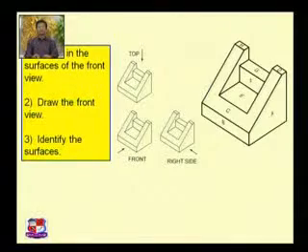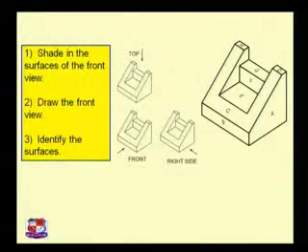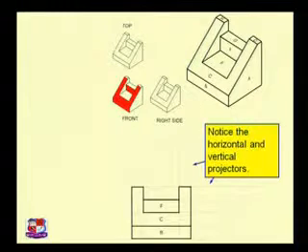Now to draw its front view, shade in the surfaces in the front view like this. In the front view, these faces will appear, that is faces B, C and F. So shade this shape like this. Only these shapes would appear in the front view.